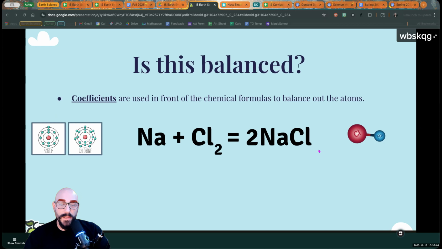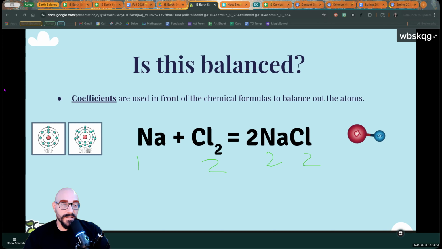So if we count these up, let's do that. I've got one sodium on the left. I've got two sodiums on the right. I have two chlorine on the left, and I have two chlorine on the right. That's not balanced, right?